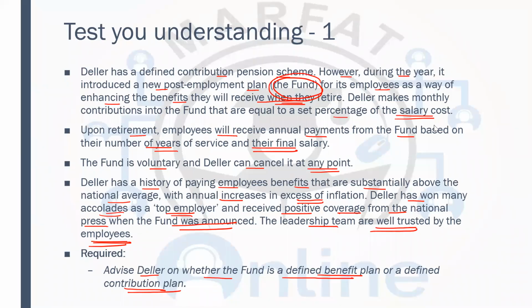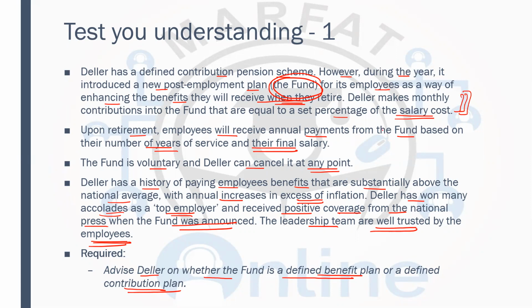If you see the first paragraph, it seems this is a defined contribution plan because Deller makes monthly contributions, which are based on the salary. But even in the defined benefit, the employer makes the contribution. So the contribution does not state whether it is defined benefit or defined contribution, because in both, the contributions are made by the employer.